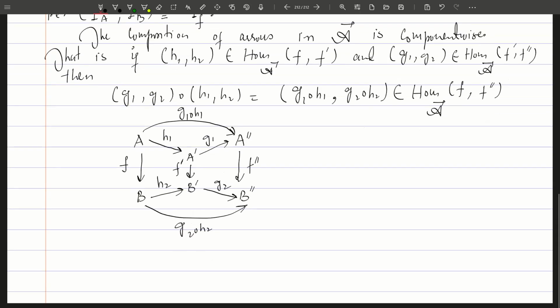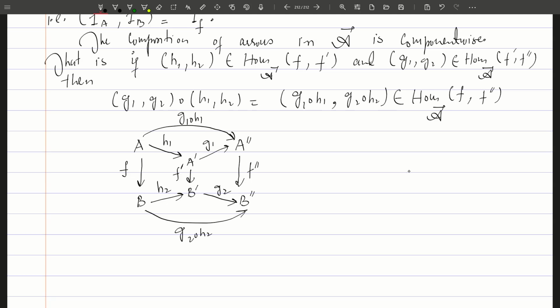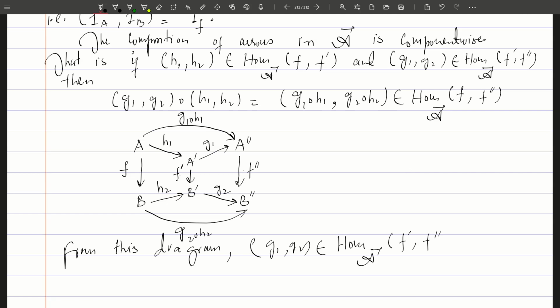Since this diagram commutes, from this diagram one can see that the pair (G1, G2) is an arrow which takes F prime to F double prime, and the arrow (H1, H2) carries the object f to f prime.